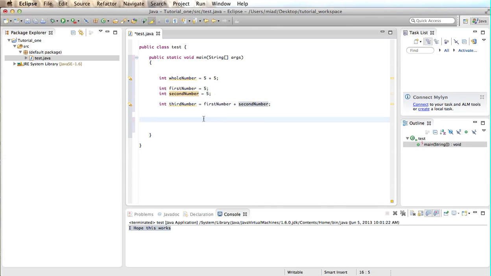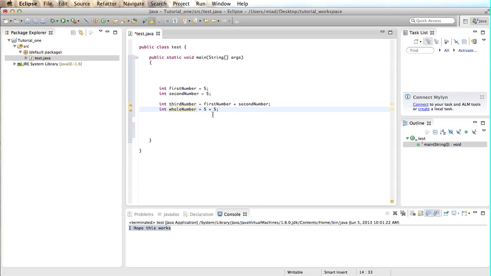So what you're actually saying is, hey, computer, reserve some space, call it third number, that's the reference number, but give it whatever is associated with first number plus whatever is associated with second number. So you're saying third number equals 5 plus 5.